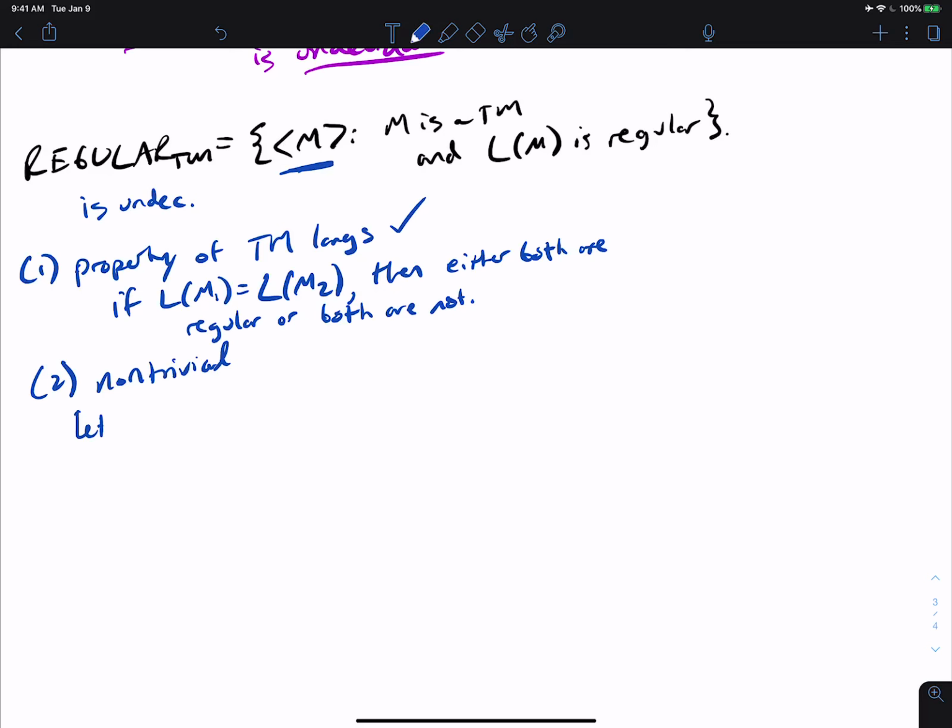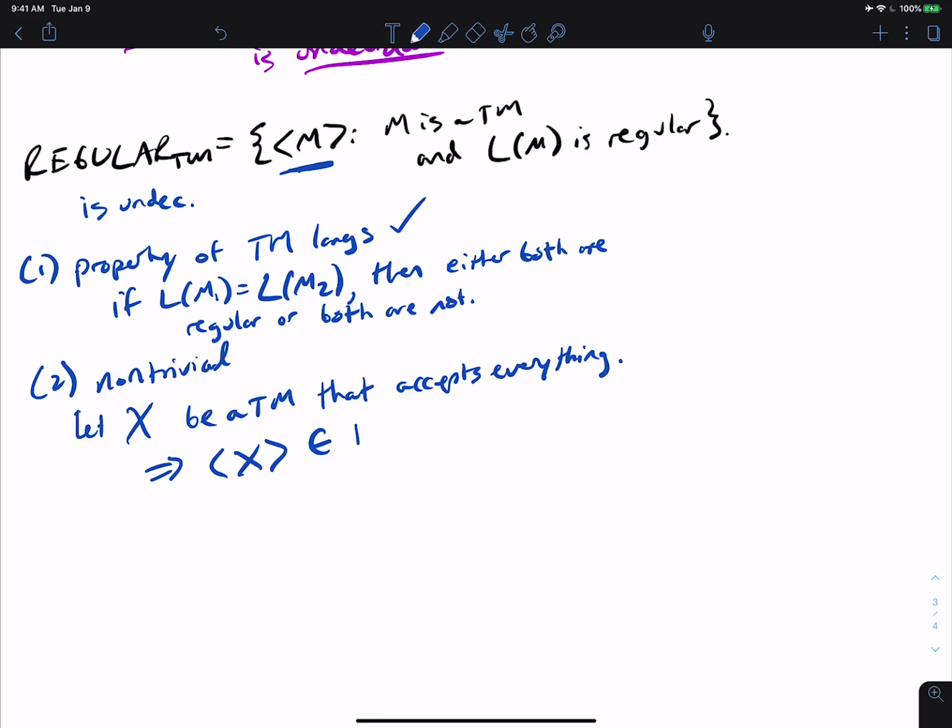Let's call it X. Let X be a Turing machine that accepts everything. So it just accepts all strings. Its language is sigma star. Well, that's regular. So that implies that the string encoding X is in regular TM.